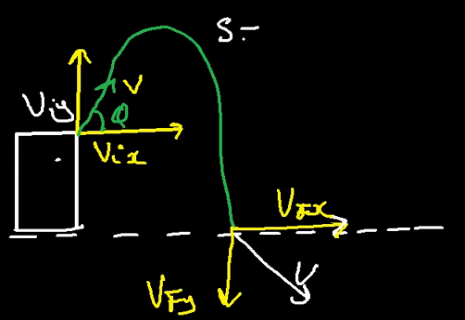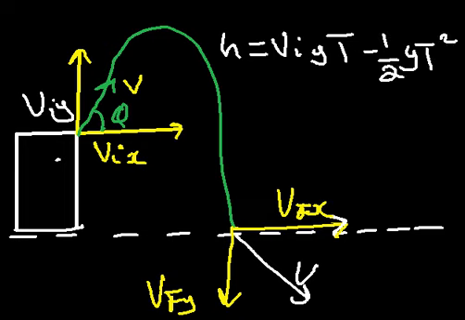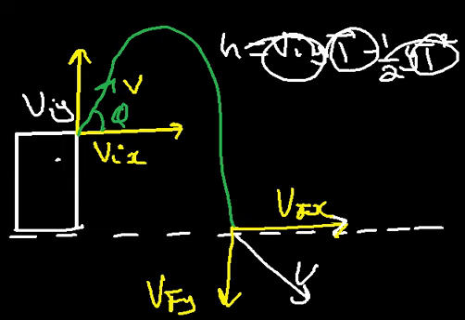Let's call the height h, which is equal to the initial velocity along the y-axis times t total, minus half g t total squared. So we can get the height of this building using this formula, where this is t total and this is the initial velocity along the y-axis.